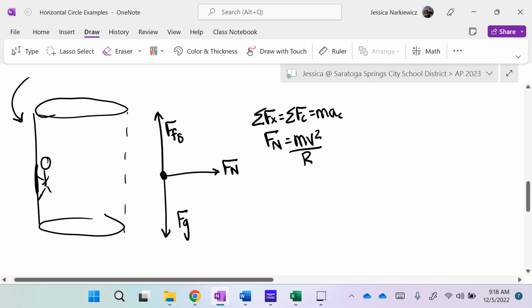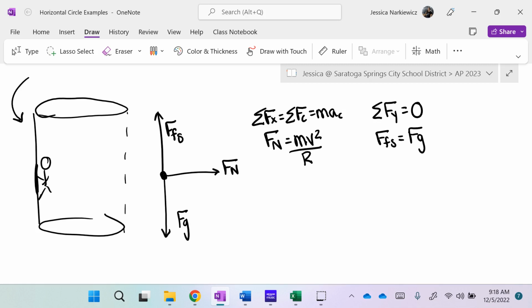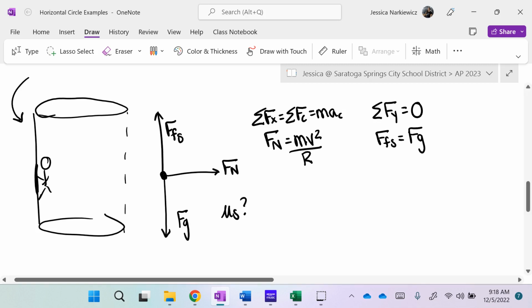Okay. All right. Now, in the y direction, we know that the force of static friction has to equal the force of gravity. So let's say the question asked me, what is the coefficient of static friction here? Well, the force of static friction is the coefficient times the normal force. Force of gravity is mg.